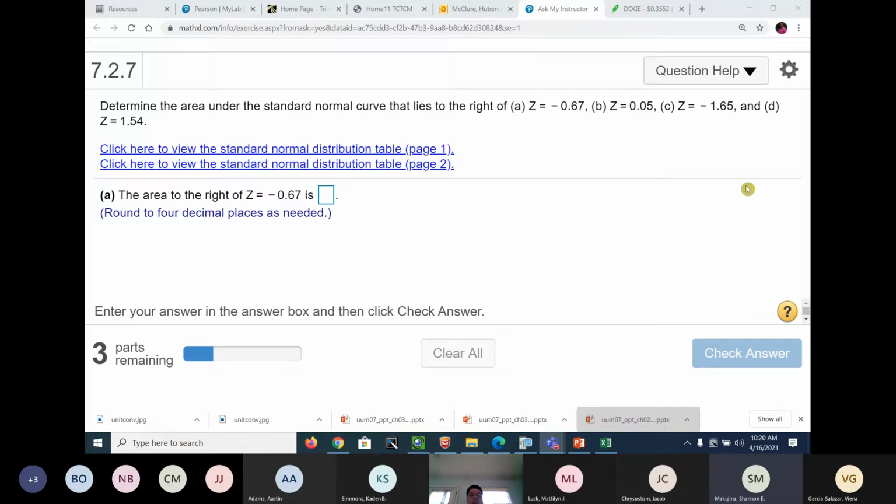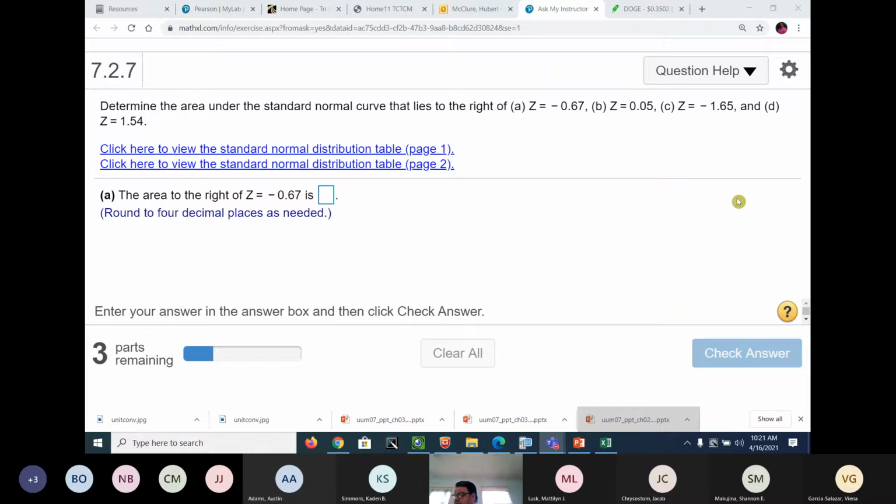All right. So the first one I'm going to do, let's do colors: green, pink, orange, and blue. Okay, so Z is equal to 0.67 in pink. And green is Z is equal to 0.05.